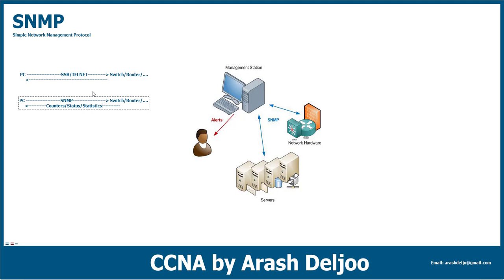Because we are receiving this information, in most cases on our client, the sender of the SNMP request to the switch or router, we have an application. This application should receive this information. For example, one of the applications that maybe we use is Cisco Prime Infrastructure.